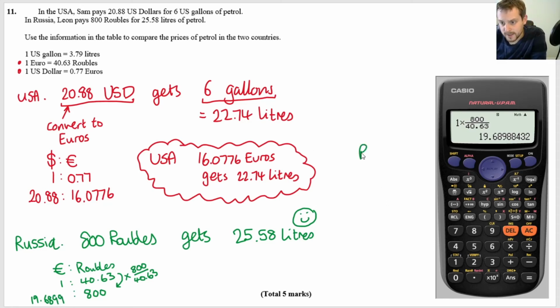I'm just going to write this in this bubble here. So Russia, you only spend 19.6899 euros, and that gets you 25.58 litres. Right, I can see the calculators in the way.